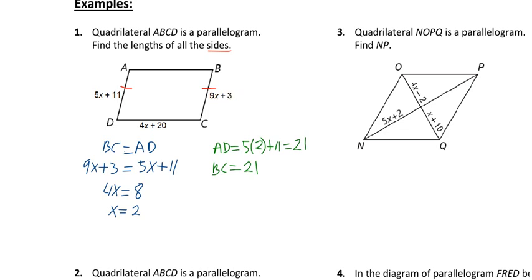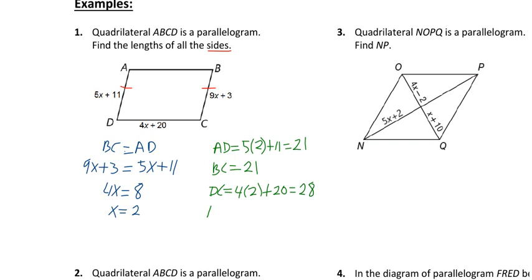And so now I can find DC. DC is 4 times 2 plus 20. And that will be equal to 28.